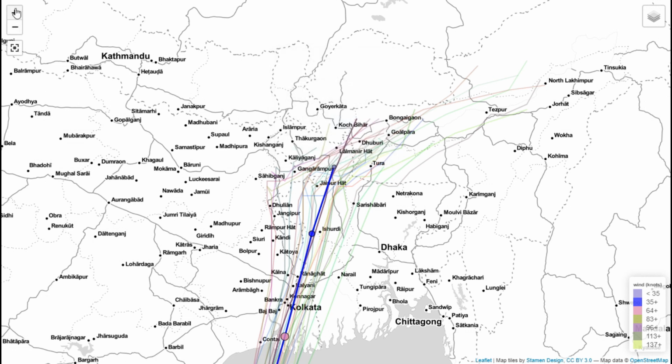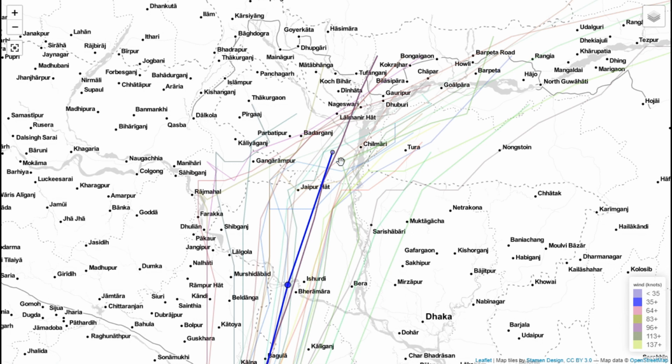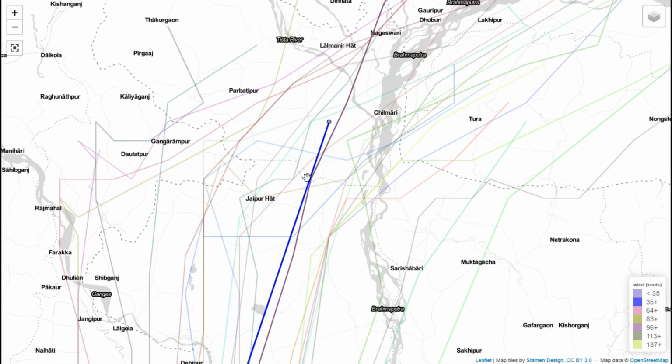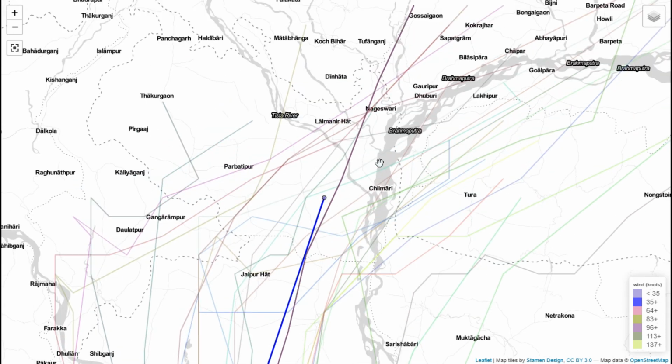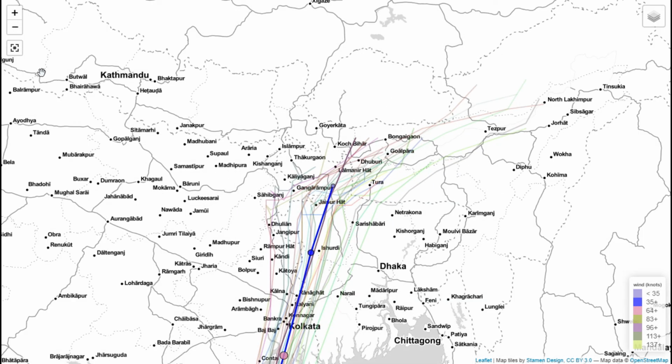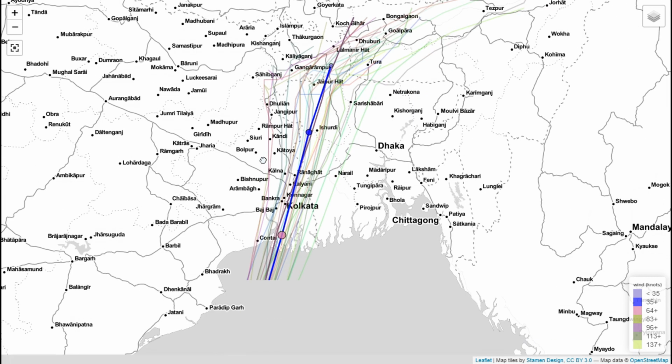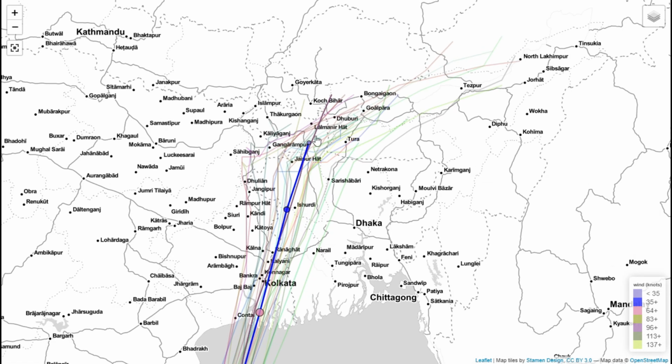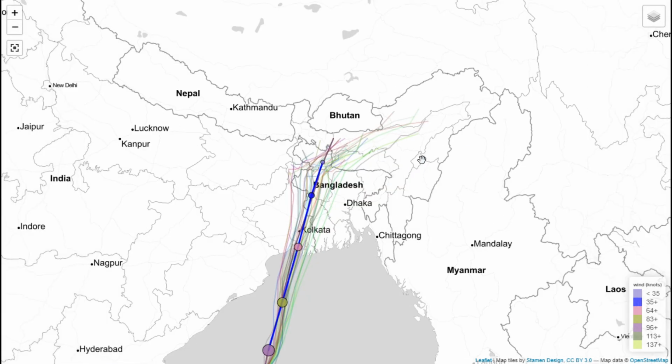It's again within India, in Assam. Yes, it's in Assam. So that is the northeastern part. Ultimately the cyclone will become a depression, and it will lose its strength.